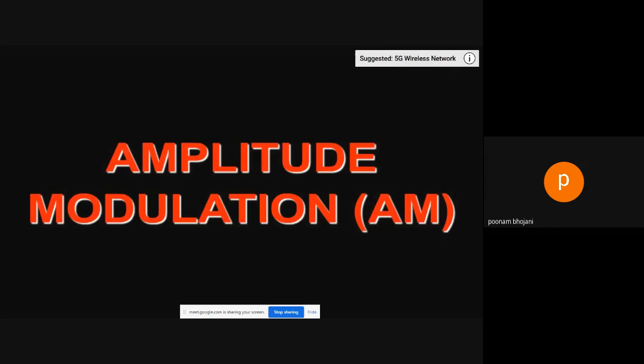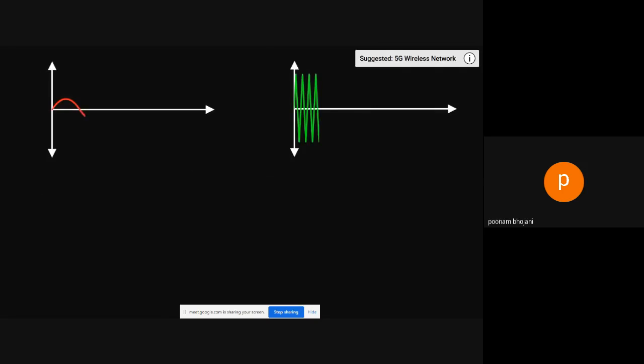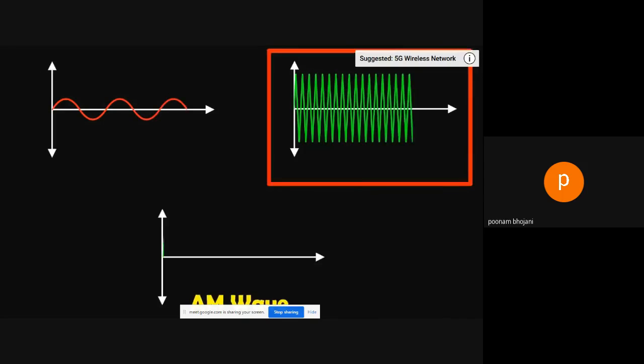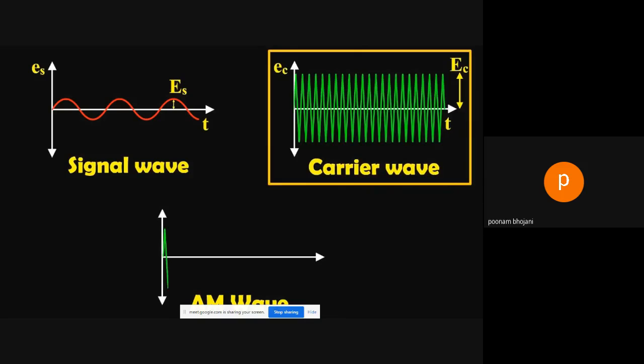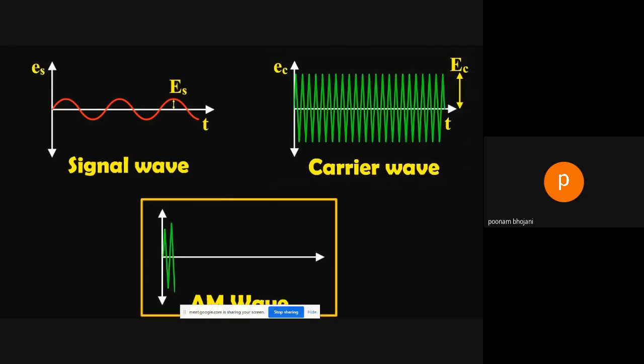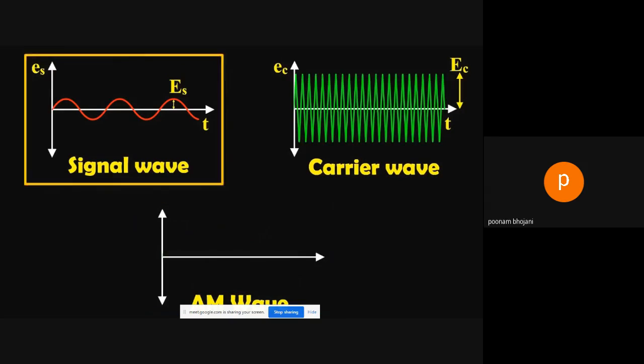What is amplitude modulation? That is AM. When the amplitude of a high-frequency carrier wave is changed in accordance with the intensity of the signal, this process is called amplitude modulation. In amplitude modulation, only the amplitude of the carrier wave is changed. The frequency and the phase of the carrier wave remain constant. The first visual shows the principle of amplitude modulation.